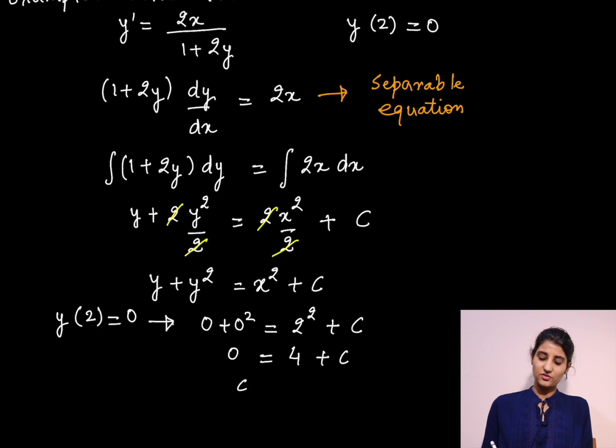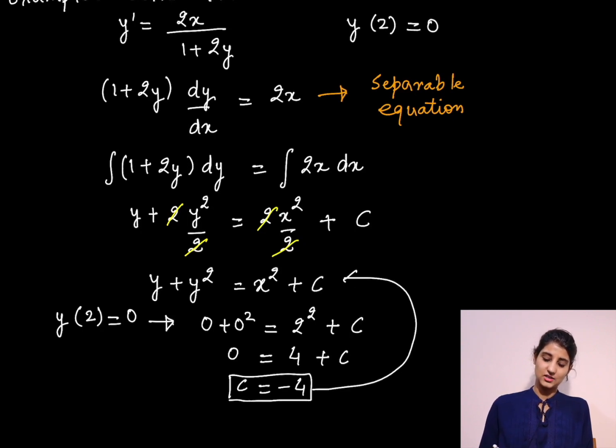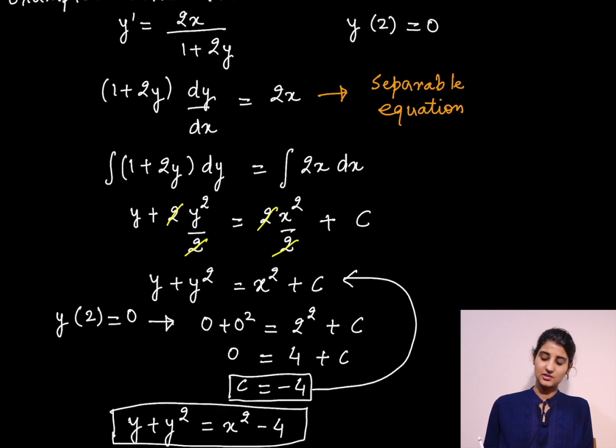If we subtract 4 from both sides, we will get c equal to negative 4. We plug the value of c back in. So our solution is y plus y square equal to x square minus 4. This is our final solution.